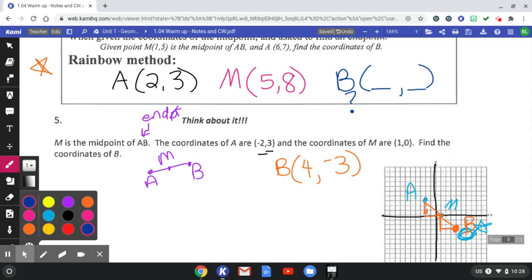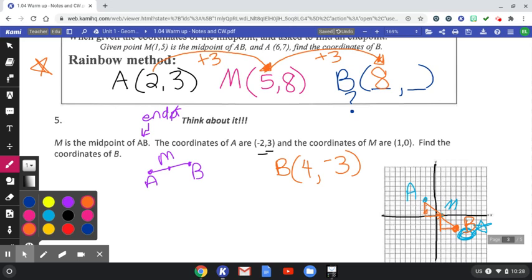Well, rainbow tells me, how did they get from 2 as an x value to 5 as an x value? I added 3. So how am I going to get from 5 to my next B value? I'm going to add 3 more. Adding 3 to x moves us to the right 3, so 5 plus 3 more would give us an x value of 8.